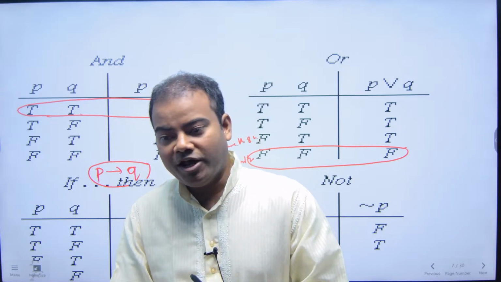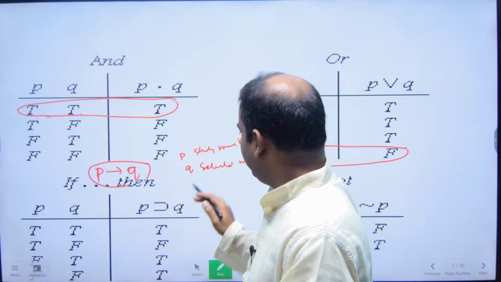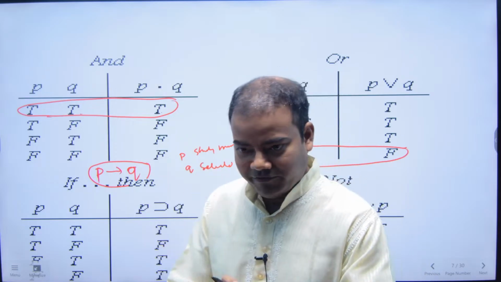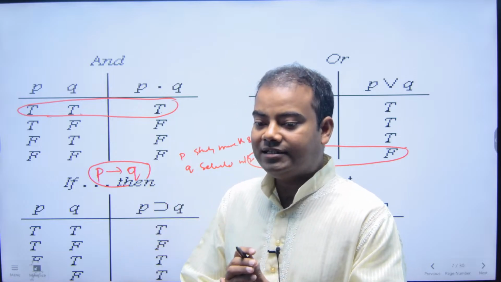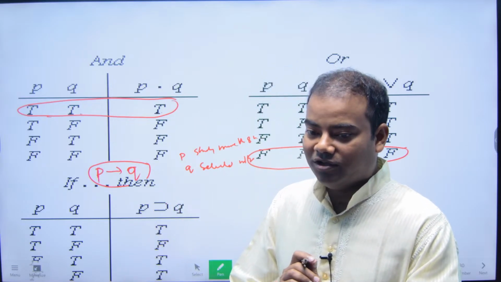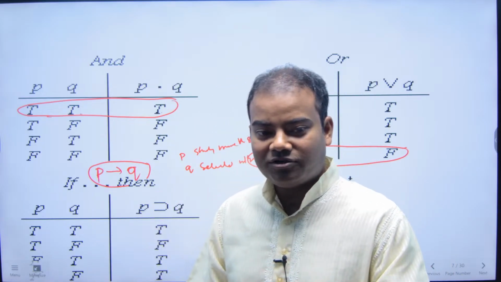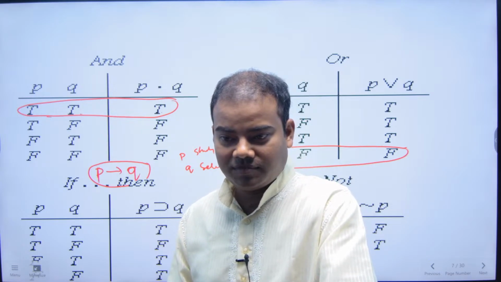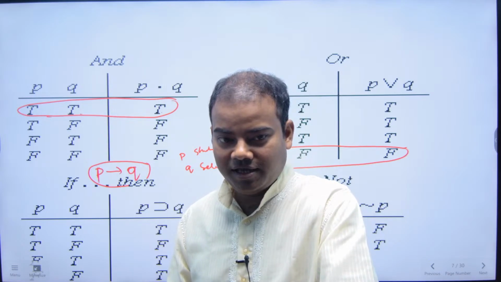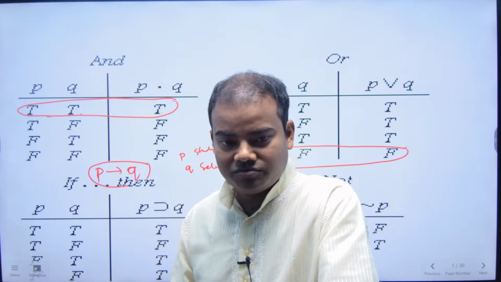Okay. Now can you tell me, if P then Q is given as one statement, and the second statement is that P is false, then what is the total truth value? False. What is your view?